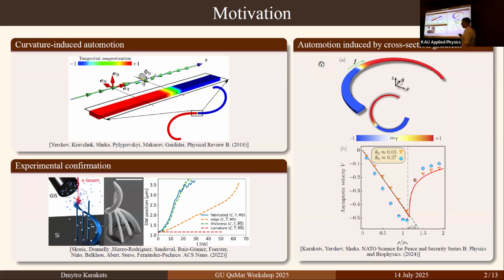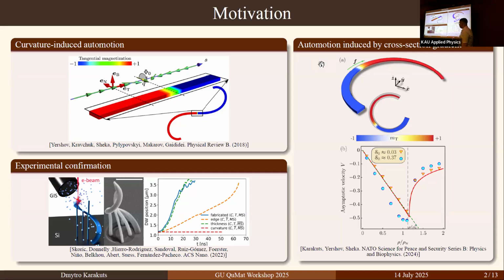Traditionally, domain wall manipulation is done by either application of an external magnetic field or by spin currents. However, recent experiments confirmed the possibility of manipulation by geometric parameters, as was explained already by the previous talk by Shekhar.